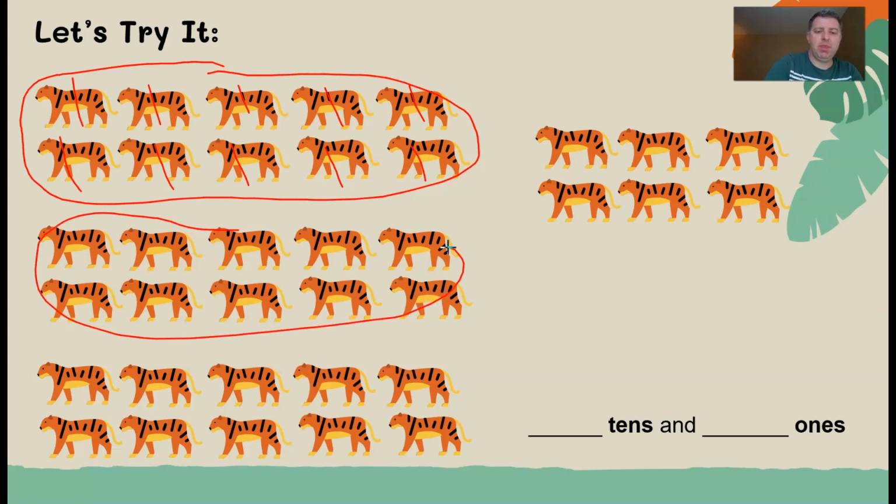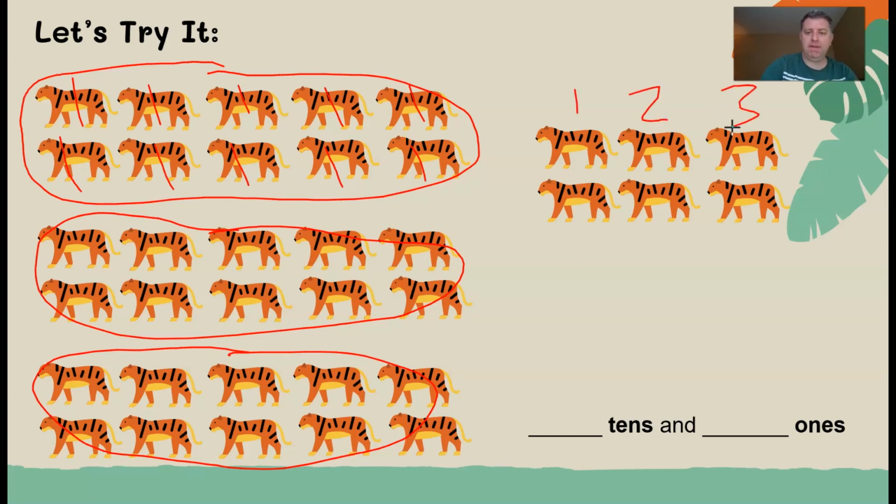Here's one. And here's one. So far, we have found 3 10 groups. Friends, what about these over here? Are these 10 groups? I count 1, 2, 3, 4, 5, 6. Is 6 10, friends? Nope, 6 is definitely less than 10.